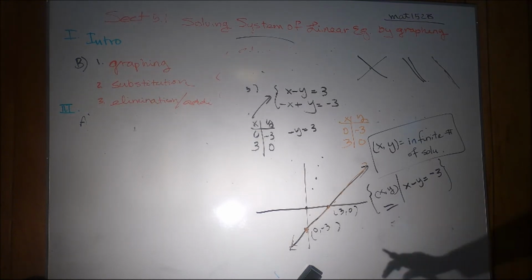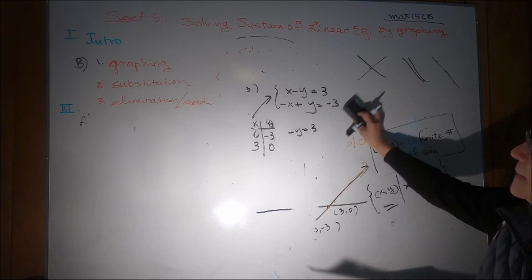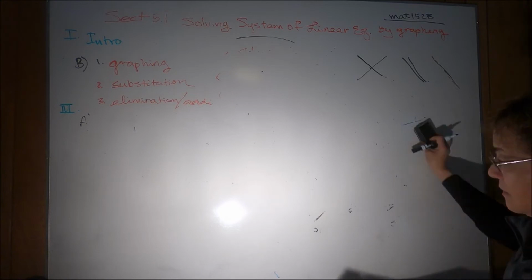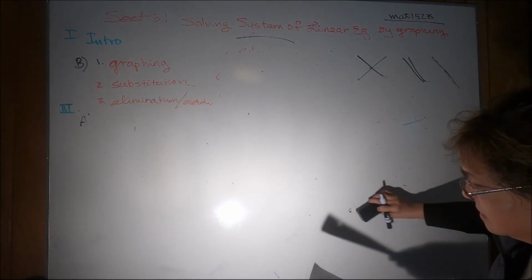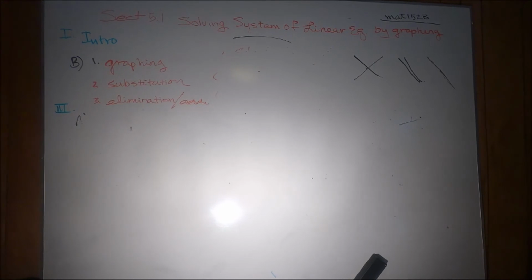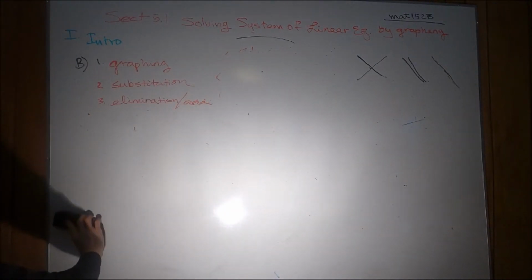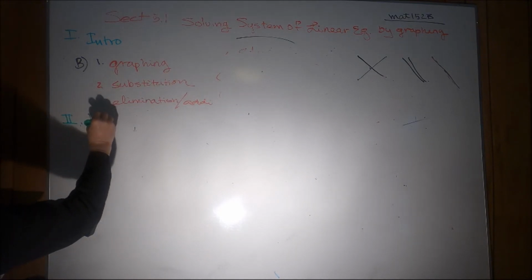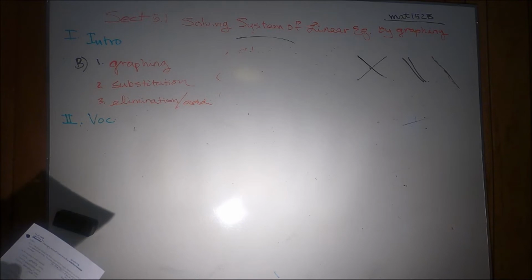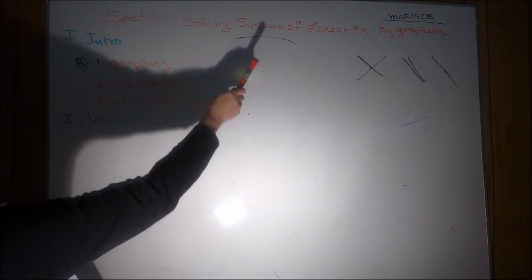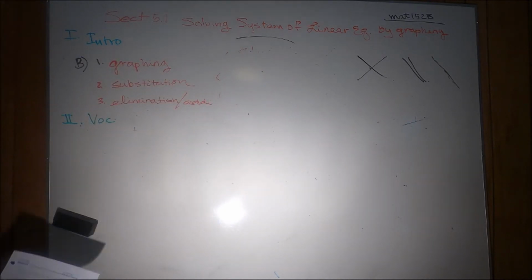Okay, let's go back to your page 1 and see what they were talking about for the solution. We do it in a more formal way. Let's go back for the vocabulary. So how will we describe a system of linear equations, right?